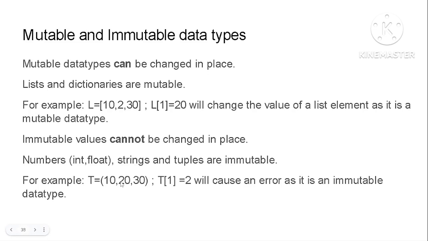Why? Because tuple is immutable. You cannot change any one value in place. You can replace the entire thing, but you cannot change a single value in place. So immutability is a property where you cannot change the values in place. Mutability means you can change the value in place.